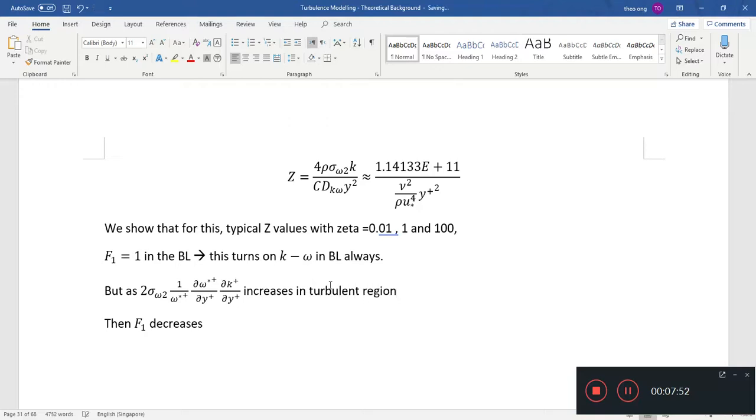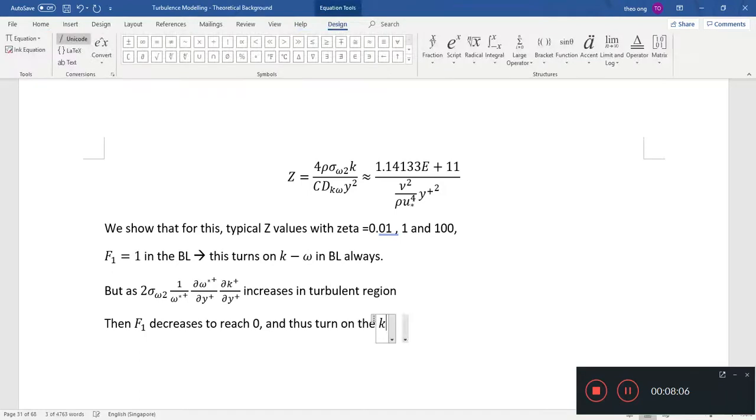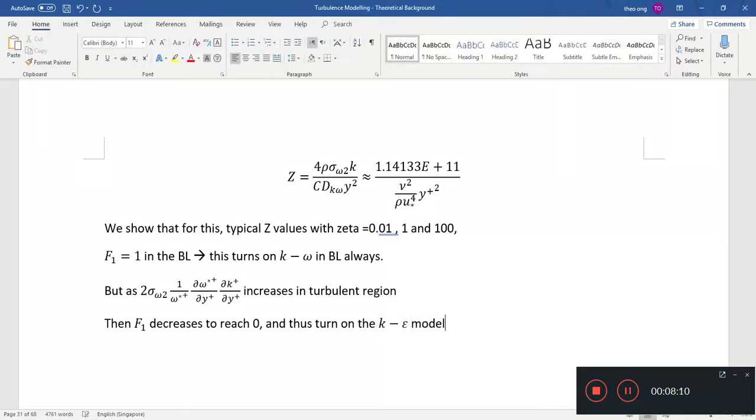So this thing will increase in the turbulent region, and F1 decreases to reach 0, and thus turns on the K epsilon model. Okay, so this is how the K omega SST blending function works.